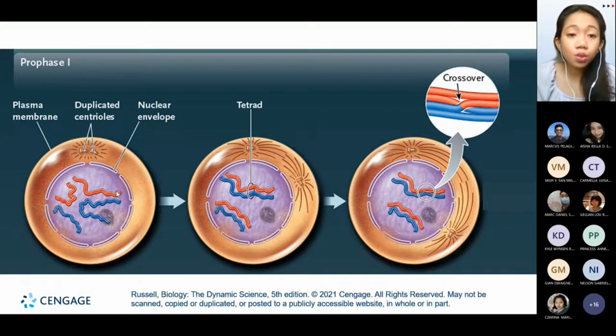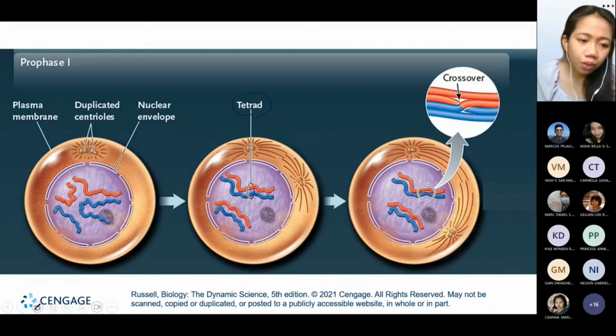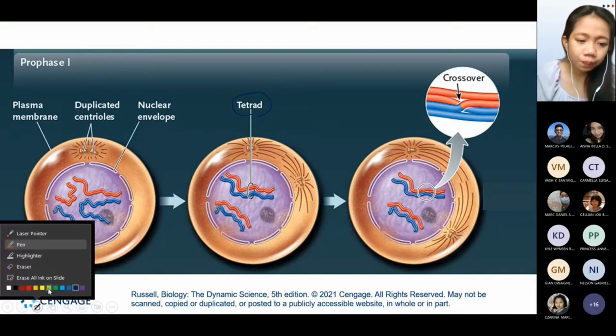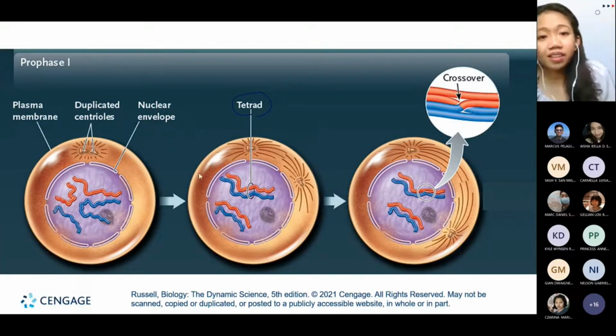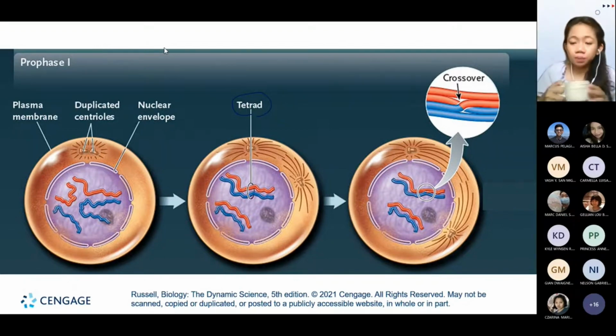So, during prophase 1, the first phase of meiosis, you have your typical animal cell, normal prophase, pero nagkakaroon ng formation of something we call tetrads. Okay? So, pag sinabi nating tetrads, ilan yun? Tetra means what?